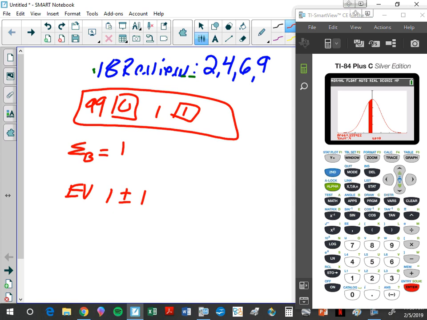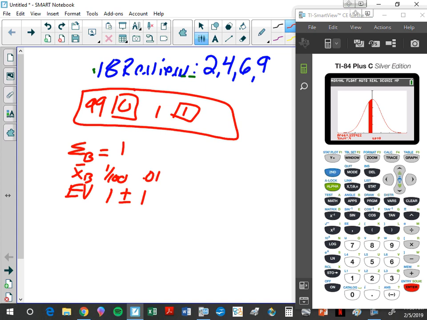What is the SD of the box? 1. How come? Well, the average of the box is 1 divided by 100, which is 0.01.